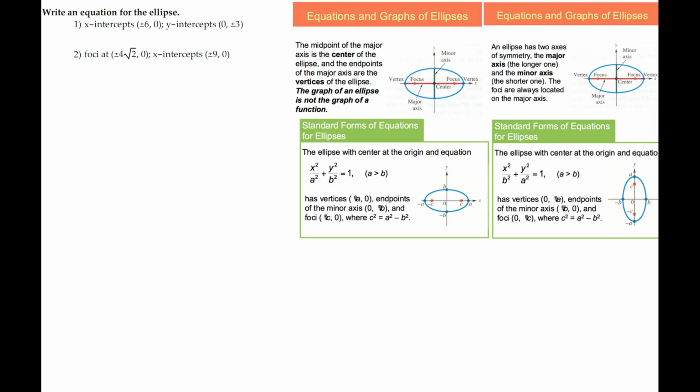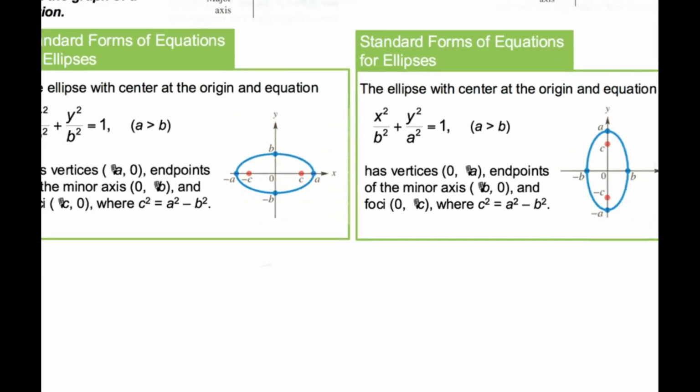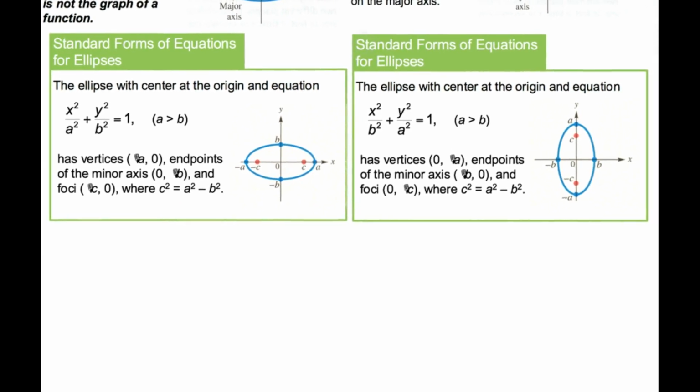All right, so let's go ahead and dive in and try to come up with these equations for an ellipse. So first thing to note is that there are two types of ellipses. One is horizontally oriented and one is vertically oriented. So this one is the horizontal and this one right here is the vertical. There's a difference in how much it opens.